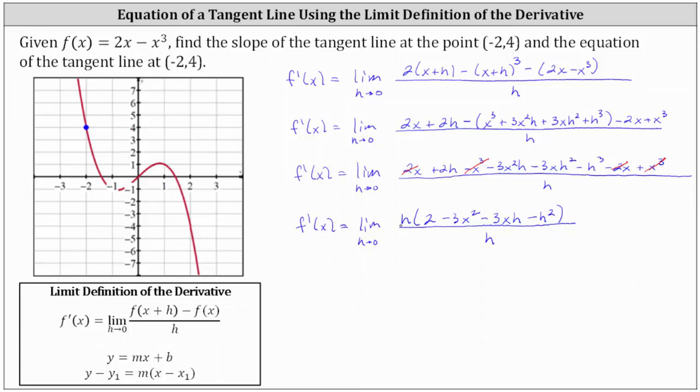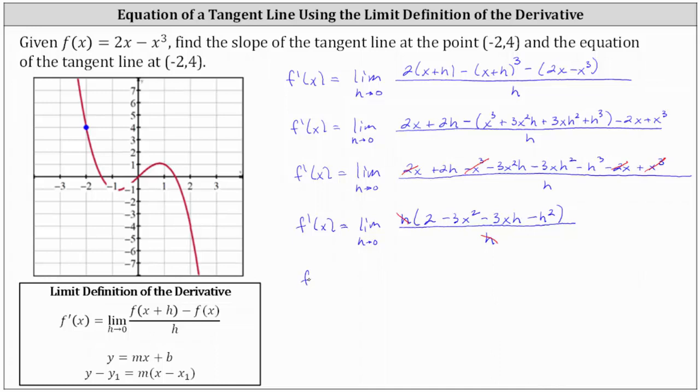Notice if we distribute h in the numerator, we do have 2h minus 3x squared h minus 3xh squared minus h cubed. The reason we wanted to factor is now we can simplify out the factor of h in the numerator and denominator. H divided by h simplifies to 1.